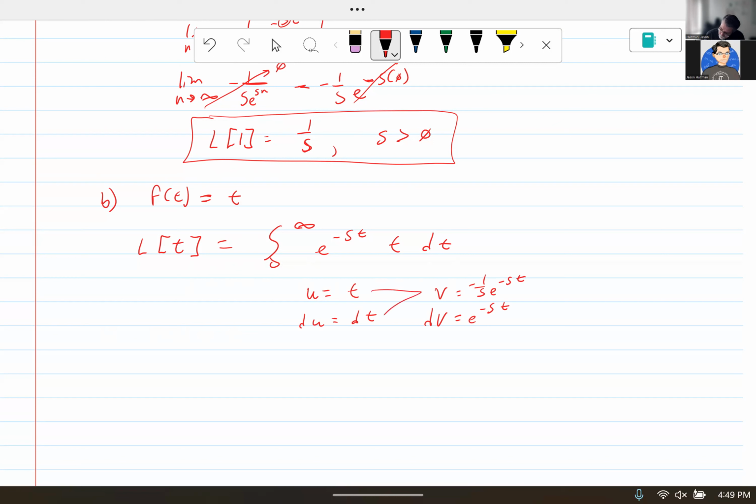Okay, so uv minus the integral of v du is going to be negative t over s e to the negative st, minus the integral of negative 1 over s e to the negative st dt.